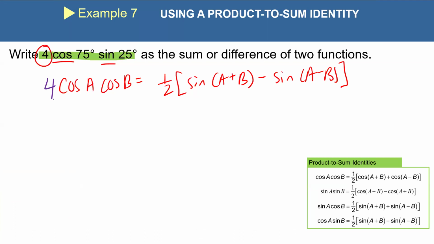If this side becomes 4, what do I have to multiply this side by in order to make it 4? What do I have to multiply 1/2 by to make it a 4? 8. So we have to multiply this all by 8, otherwise it won't be a 4. Does that make sense? Probably. So we have to multiply this side by 8.